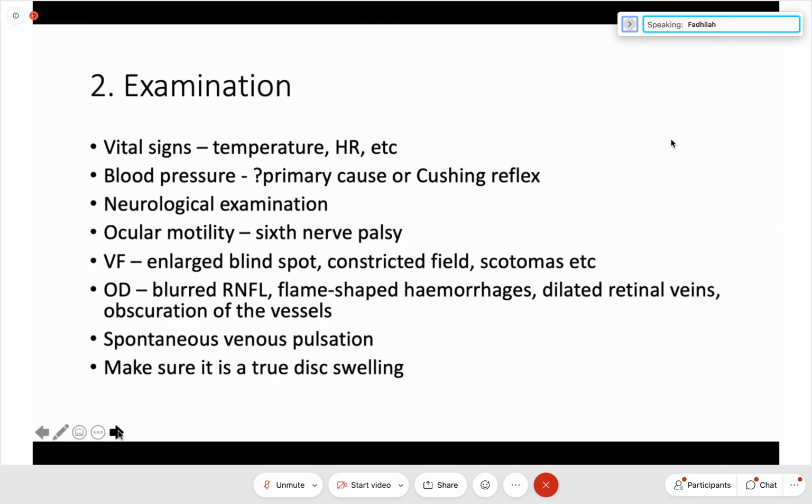Next, you move on to look into the eye, look at the optic disc, look for blood, retinal fiber layer, and any evidence of flame-shaped hemorrhages, whether there are dilated retinal veins or any obscuration of the vessels. Right. Next is spontaneous venous pulsation. I'm going to talk more about this SVP after this, right? And finally, of course, make sure that it is a true disc swelling, okay, and not a pseudo disc swelling.